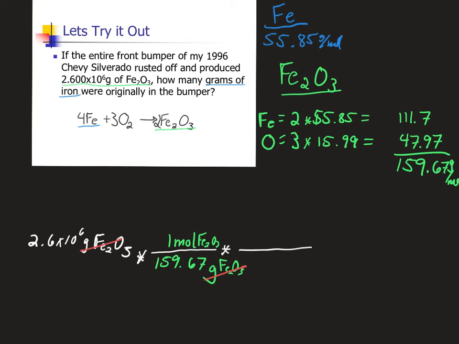I'm now at that point where I go moles of one thing to moles of another. So now we have to use the balanced chemical reaction and the numbers that are associated there. I want to get rid of moles of iron 3 oxide, and I want moles of iron.